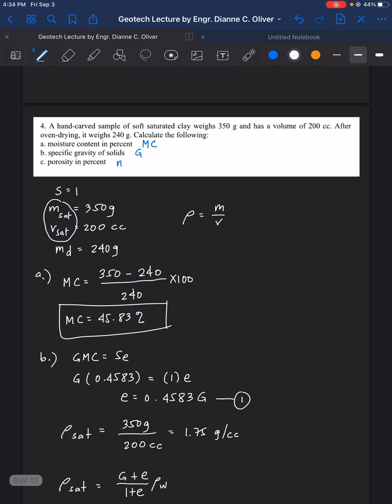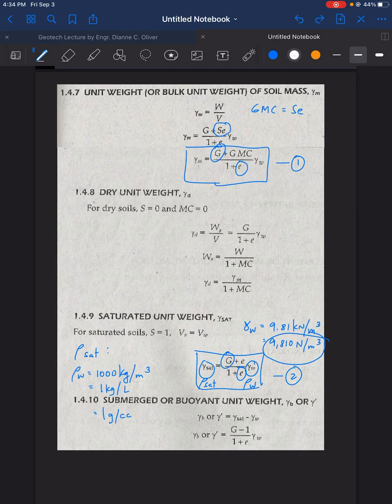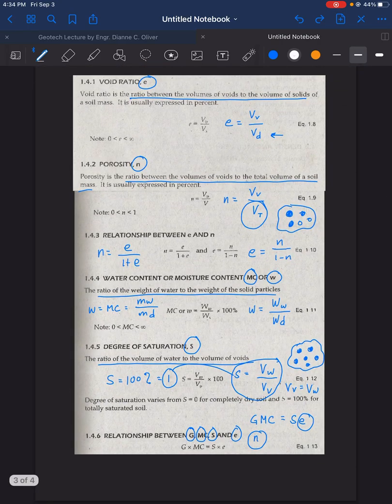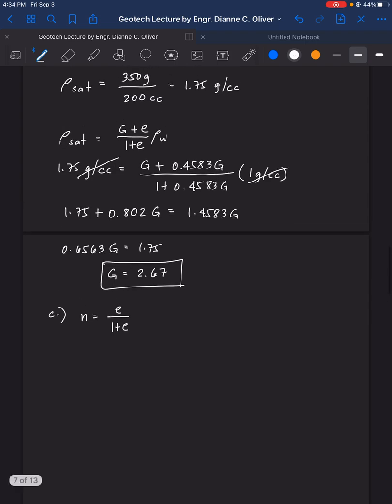Next is porosity N. N is E over 1 plus E. How do we get the value of E?